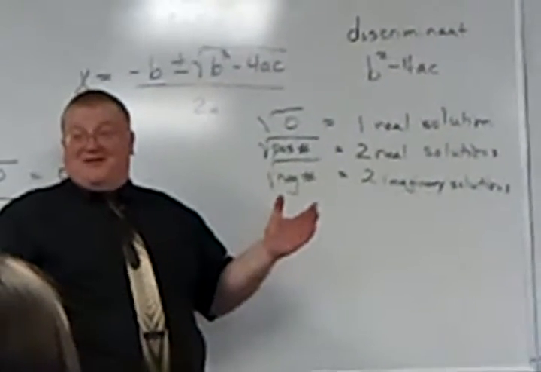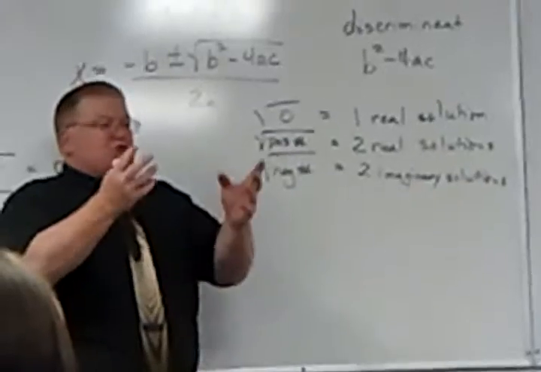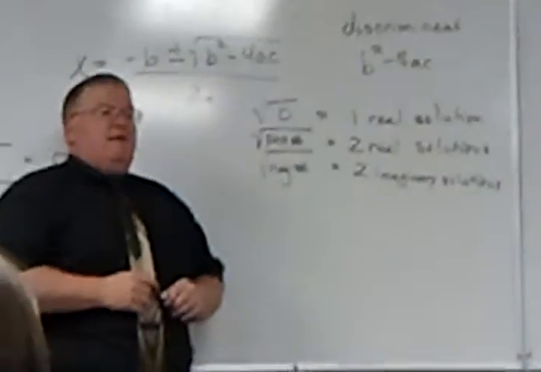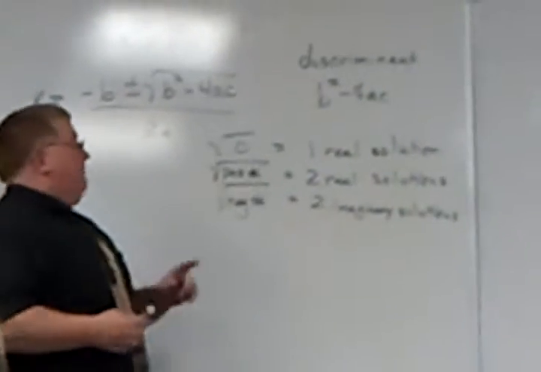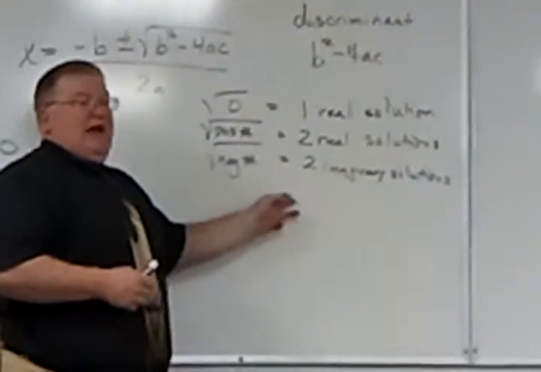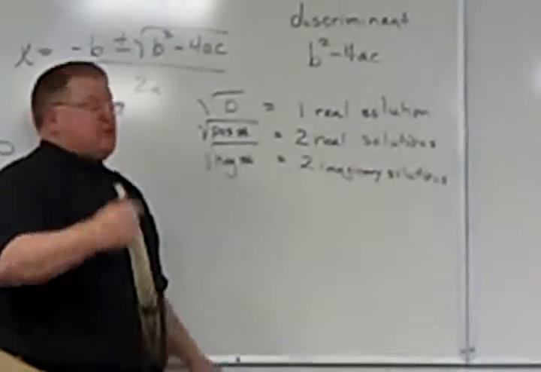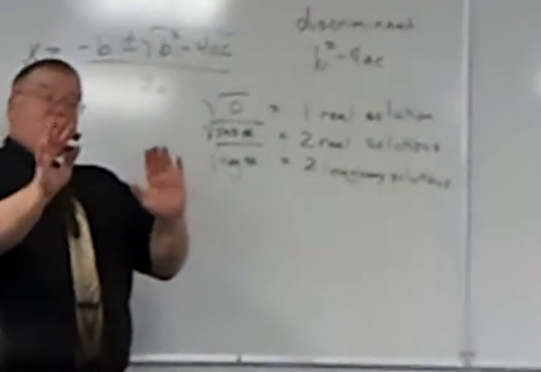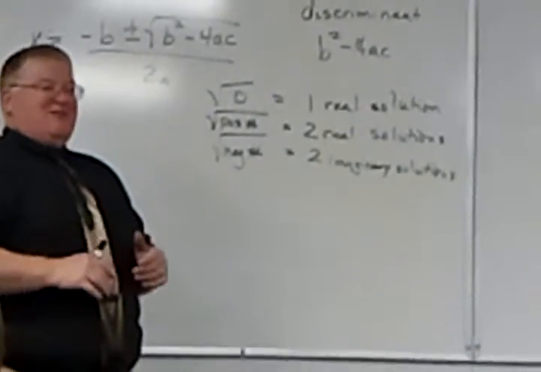There's only one answer. So the discriminant tells us if we have 1 or 2 answers, and if we have 2 answers, whether they are real or imaginary. That's all they want. So, let's apply the lesson.